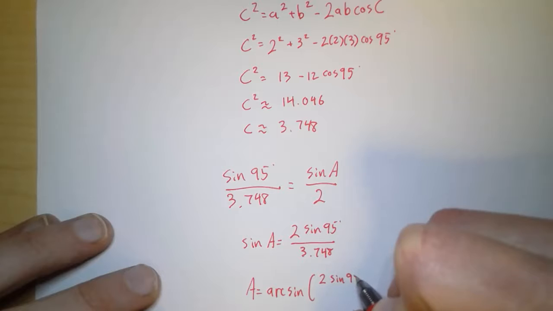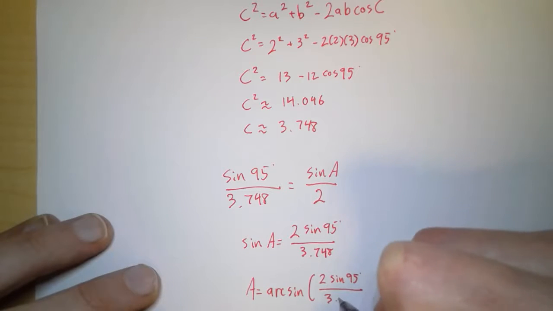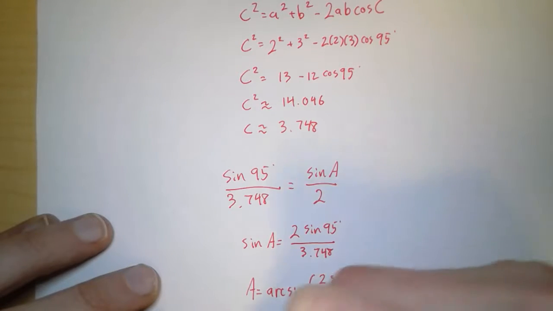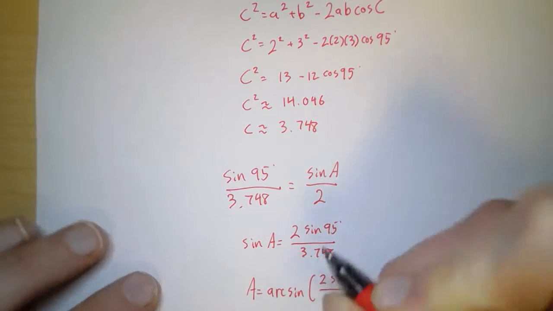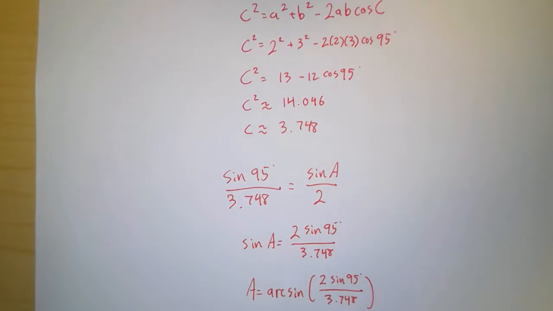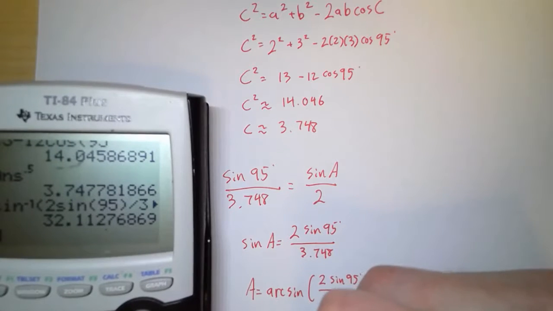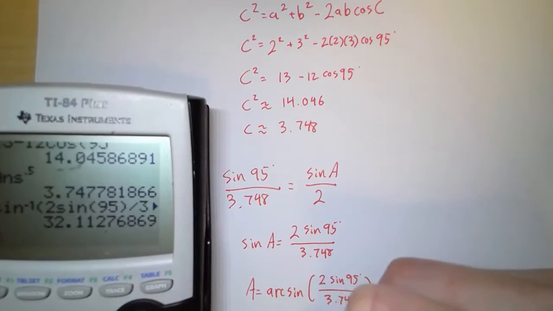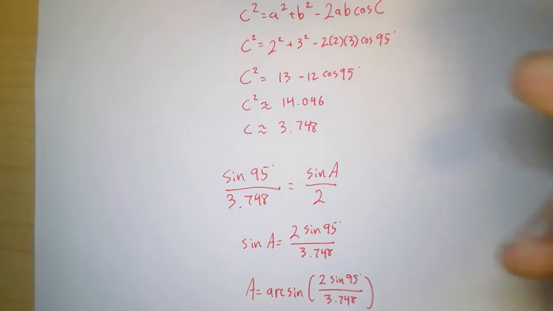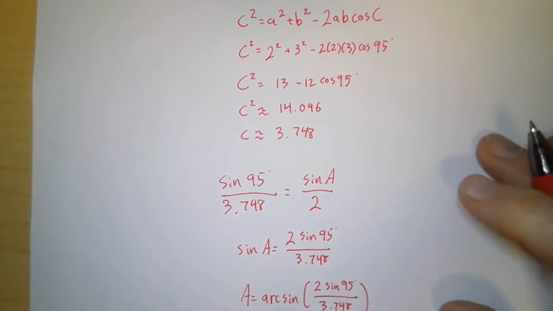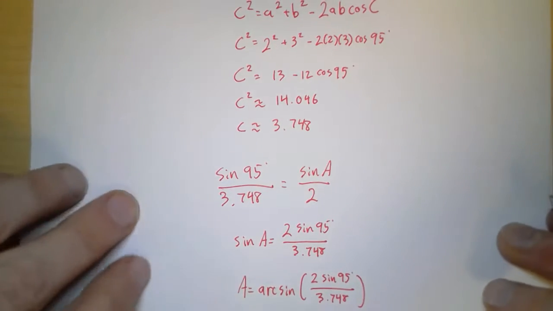And so to get A by itself, we're going to have to take arcsine of that whole quantity, 2 sine of 95 all over 3.748. And again, to find angle B, I'm going to have to find an approximate value for A. So arcsine of the quantity 2 sine of 95 divided by 3.748, and we get approximately 32.113 degrees. So now that we have angle A, we can find angle B, the remaining one.